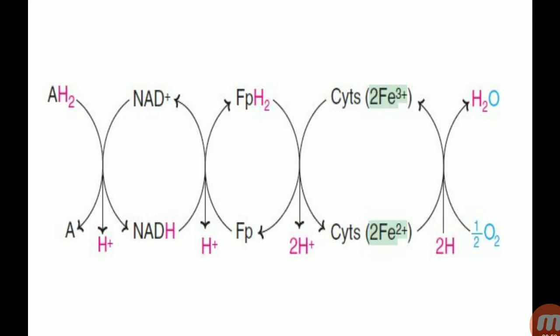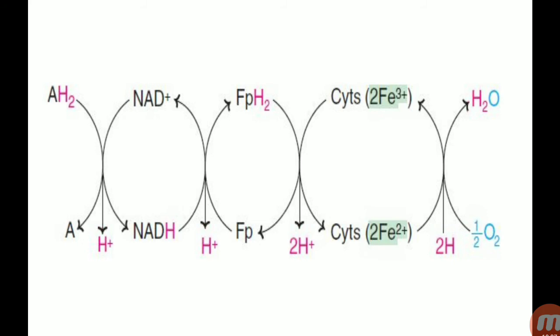So now when you see the electron transport chain, on the left hand side there is AH2, which is reduced, and it gets converted to the A form, and during that process the electrons are transferred to the nicotinamide nucleotide, and then from the nicotinamide nucleotide the electrons are transferred to the flavoprotein, and from that flavoprotein they are taken to cytochromes, whereas these coenzymes and the iron sulfur protein are the carriers of the electron.